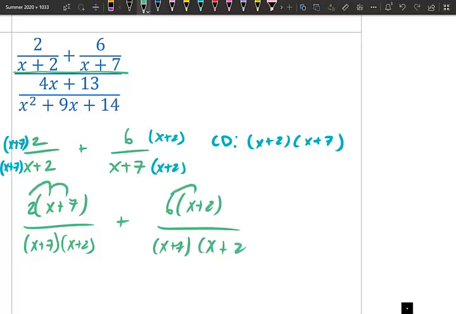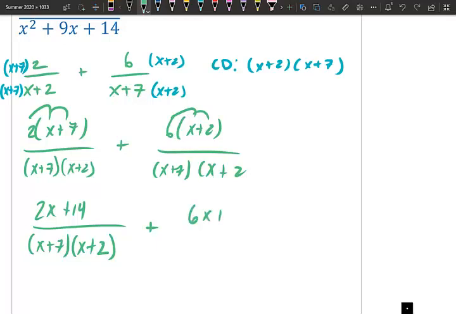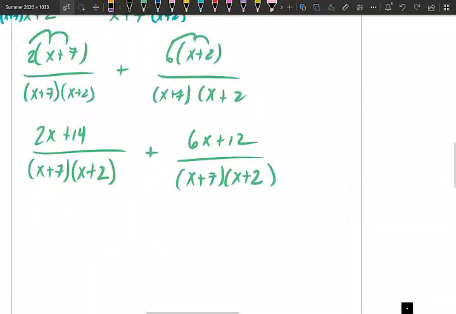Let's distribute. When we distribute, we get 2x plus 14 over our denominator, and we distribute the 6 to get 6x plus 12 over our denominator. Now that they have the same denominator, let's combine like terms.